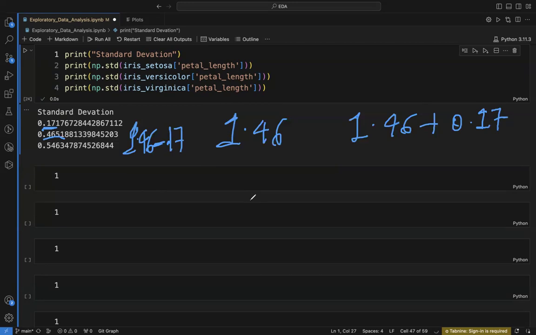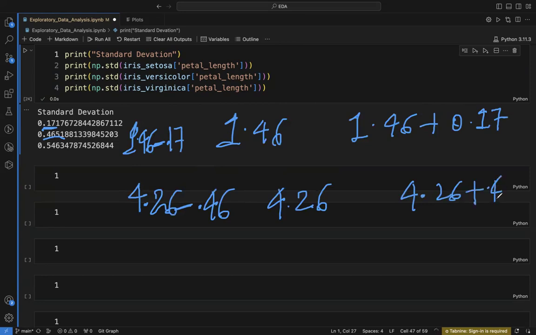Which means that most of my points will lie between 4.26 minus 0.46 and 4.26 plus 0.46. This will come out to be 3.8, and the upper end, with 4.26 in the middle, will come out to be 4.72. So most of my points lie between these intervals.